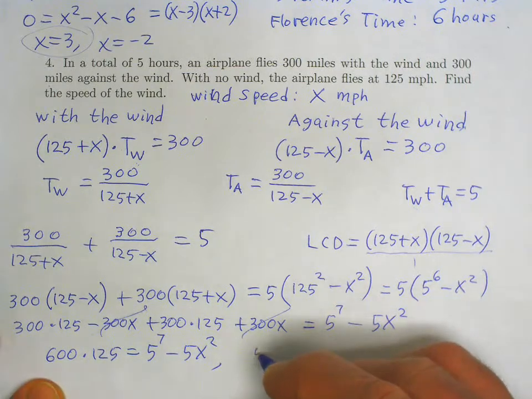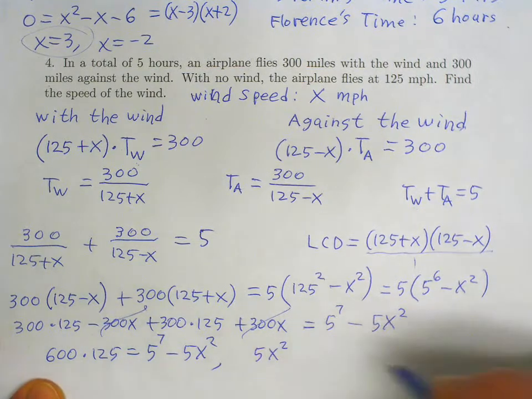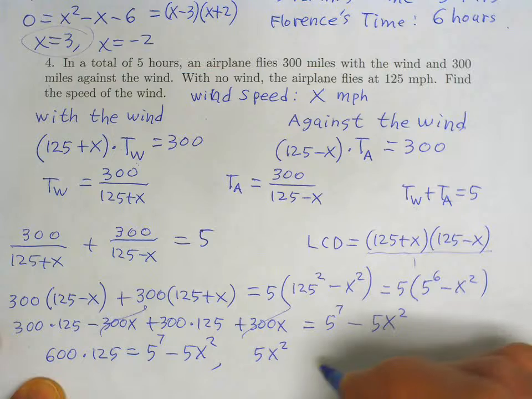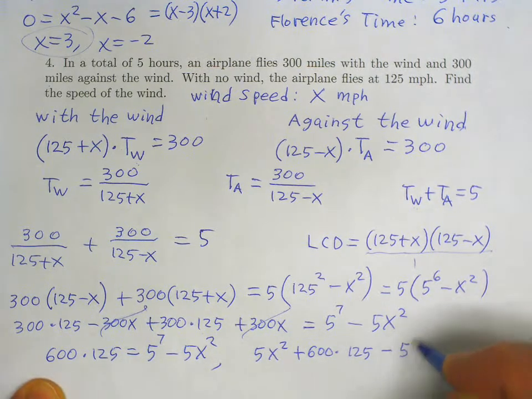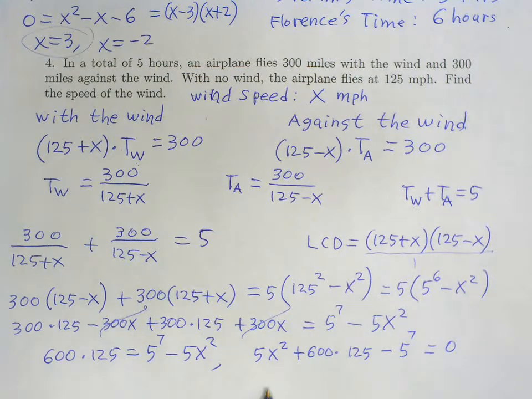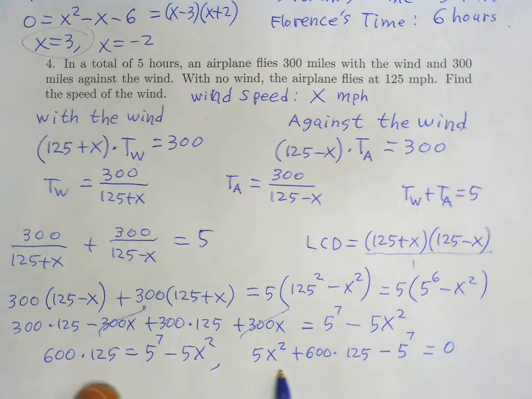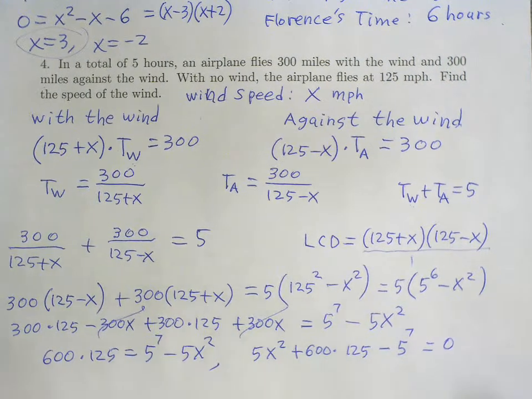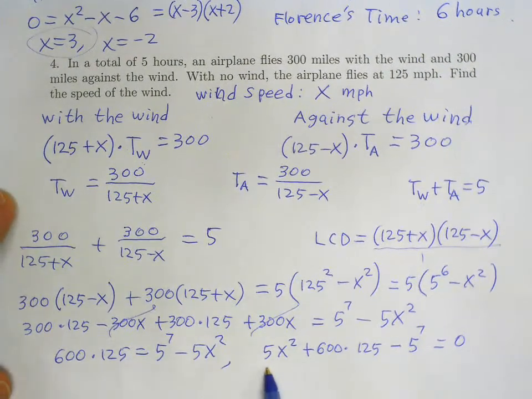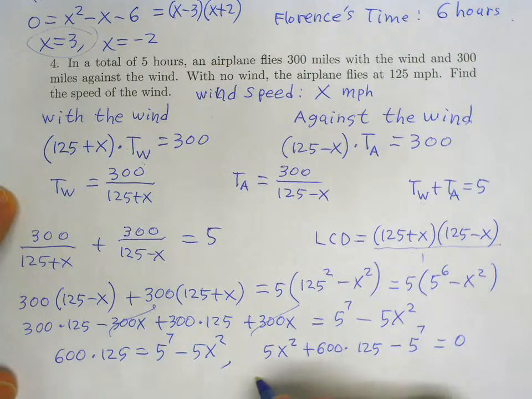And so we'll get 5x to the second plus, this is already over there, plus 600 times 125, and then minus 5 to the seventh equals 0. And then we can divide every term by 5 to simplify a little bit. 5x to the second divided by 5 is x squared.